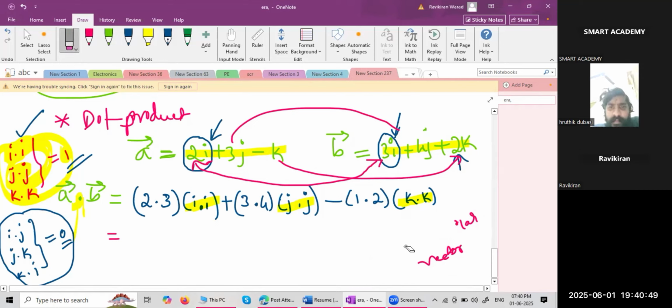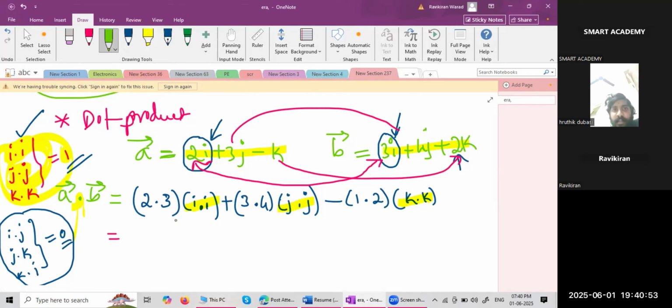Now we will apply these notations here. Dot product of two similar vectors is 1. 2 into 3 is 6. Plus 3 into 4, which is 12. j dot j is 1.